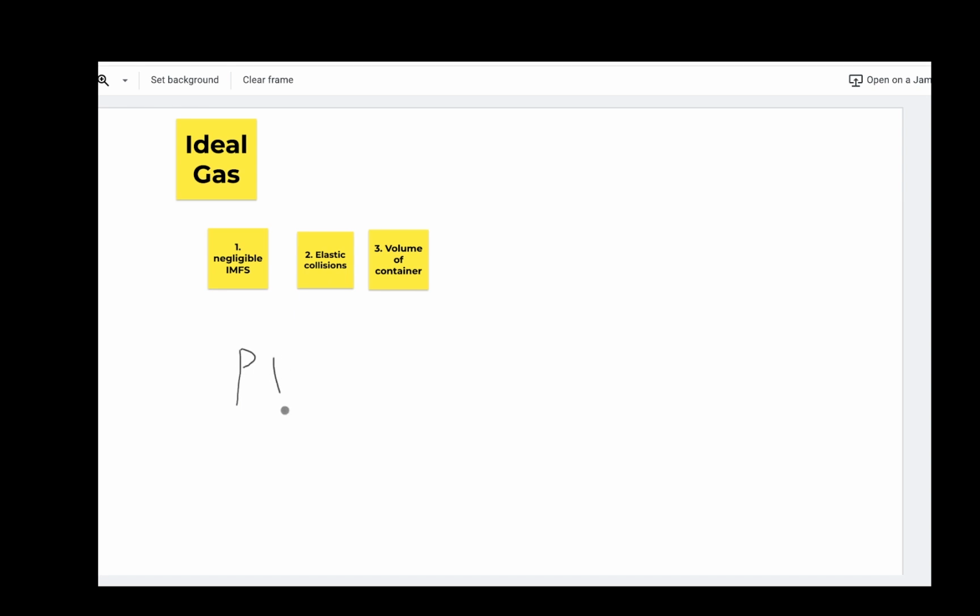And that is pressure times volume equals nRT, where n stands for the number of moles of gas, and we're going to come back to this. And R is a constant that varies depending on your other units, but don't really worry about this, it is usually given by the problem. And T is temperature in kelvins.